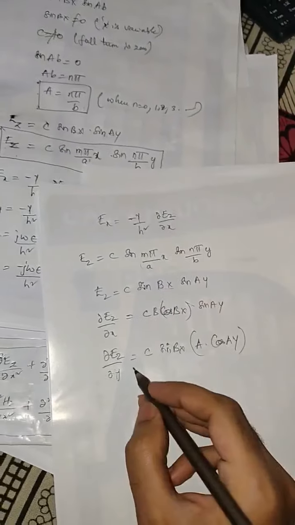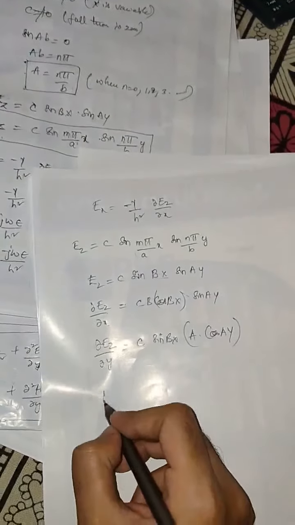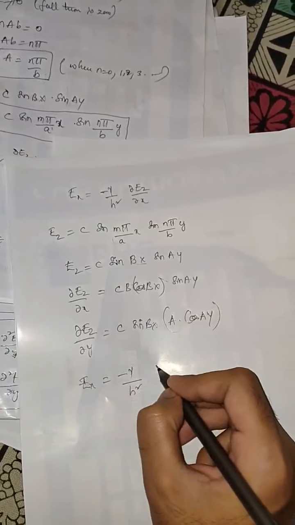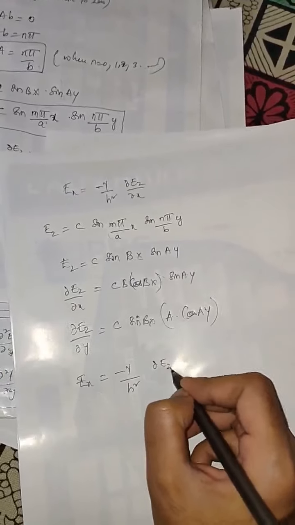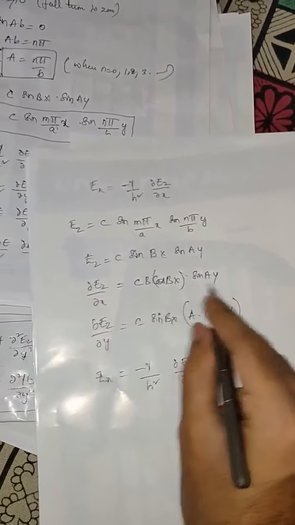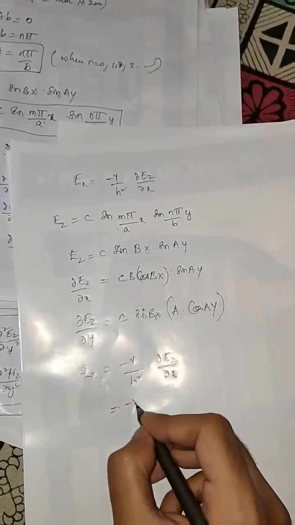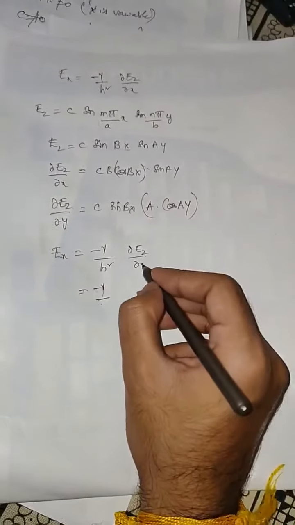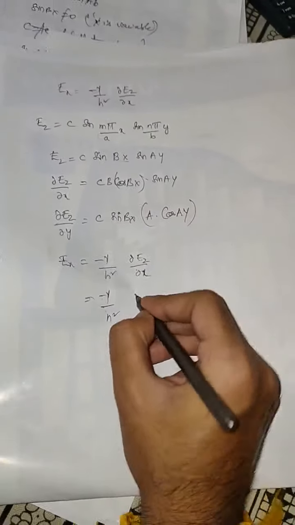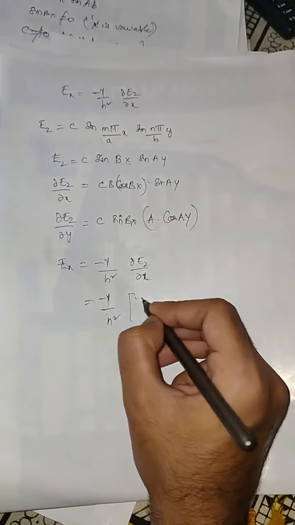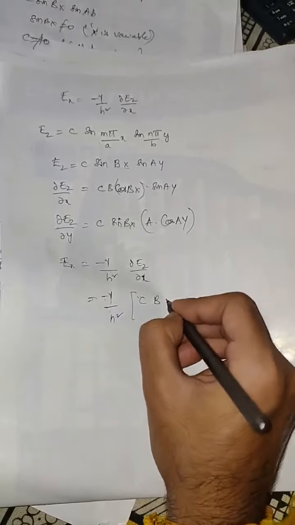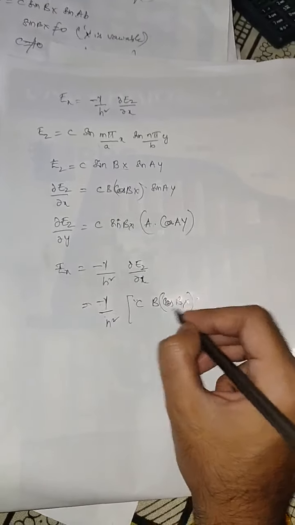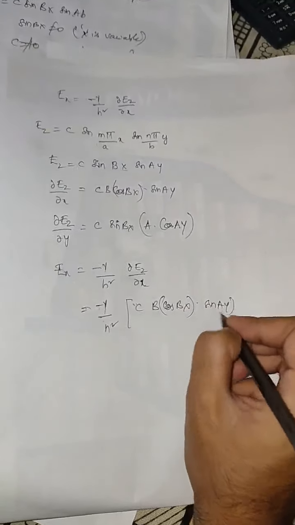Now I substitute this in Ex. So I want the Ex value: gamma by h square, del Ez by del x. I already got the del Ez by del x equation, so I am substituting it: C b cos bx sin ay.